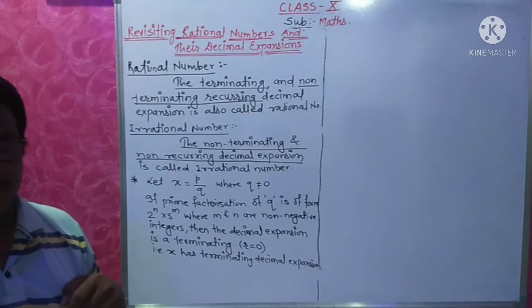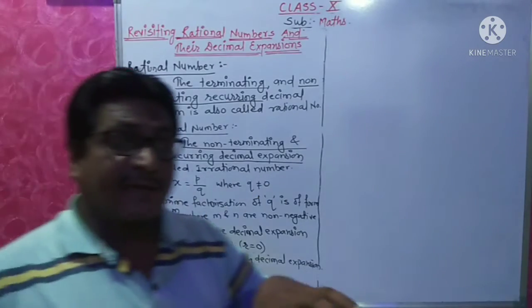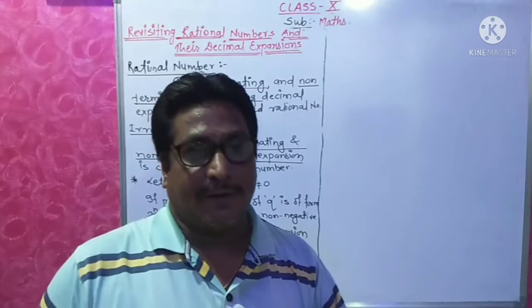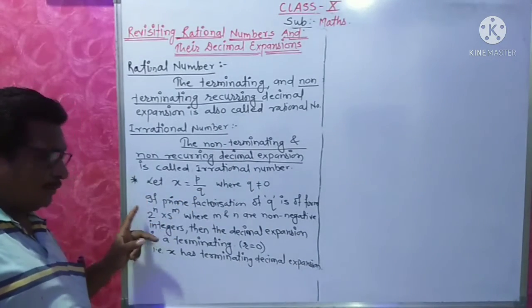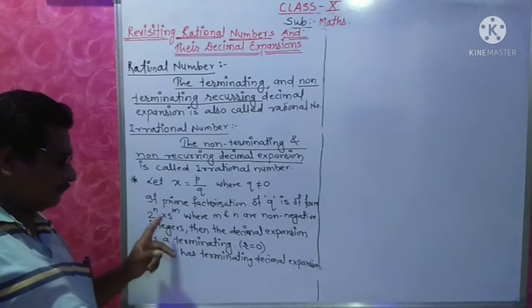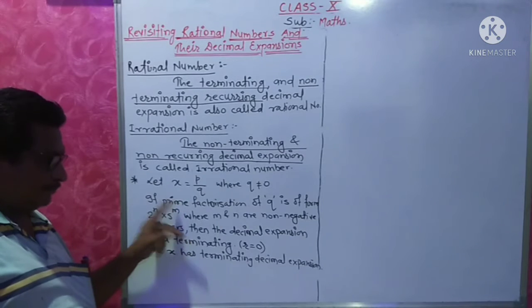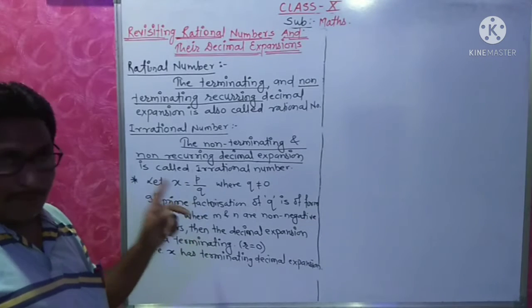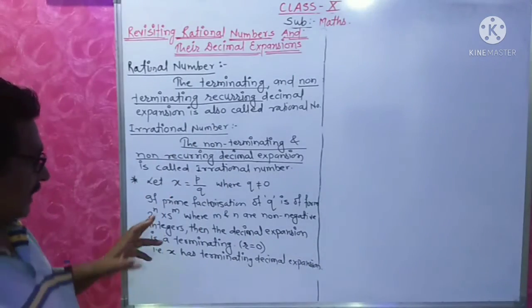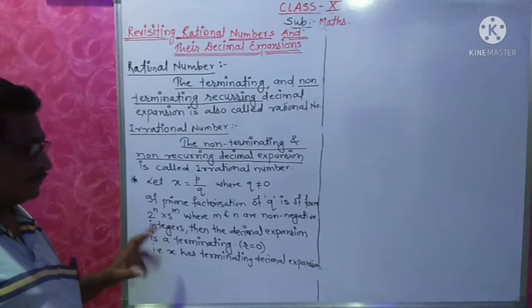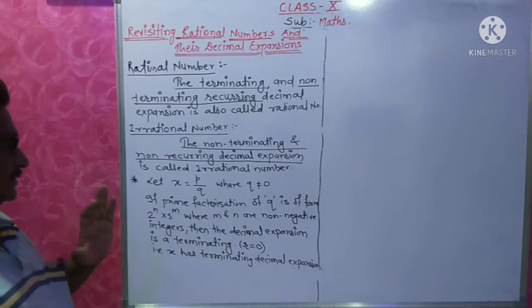If any number is given in p by q form, how do we decide whether it is terminating or non-terminating? Whatever the denominator is, if its prime factors are in the form 2 raised to the power n into 5 raised to the power m, then the number has a terminating decimal expansion. If it is not in this form, then it is a non-terminating recurring decimal expansion.